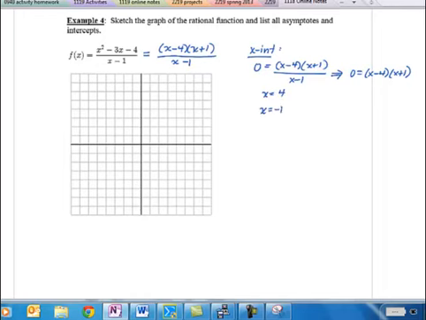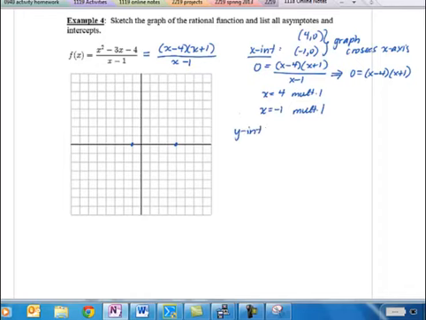Both multiplicity 1. So we've got two x-intercepts, (4, 0) and (negative 1, 0). Each multiplicity 1, so the graph crosses the x-axis at each one.